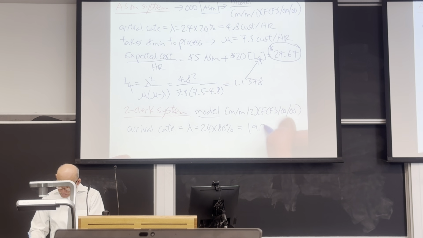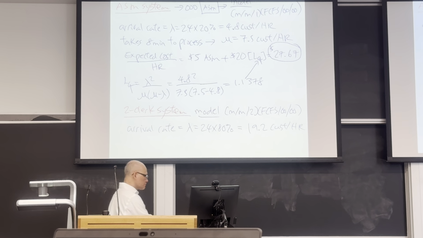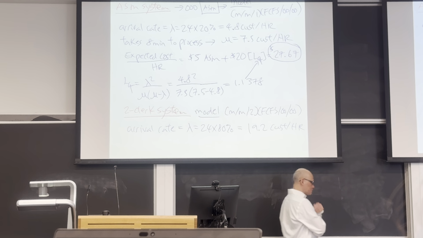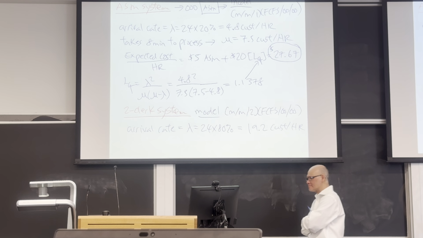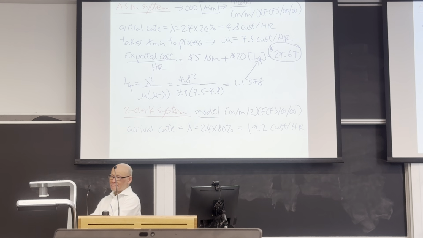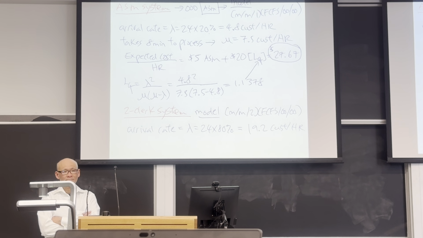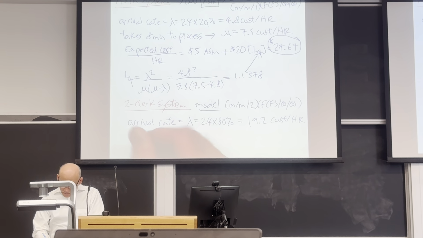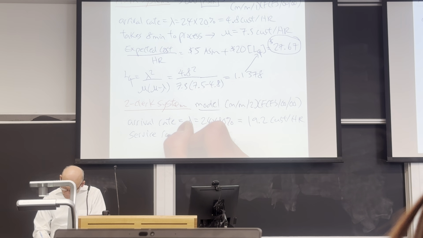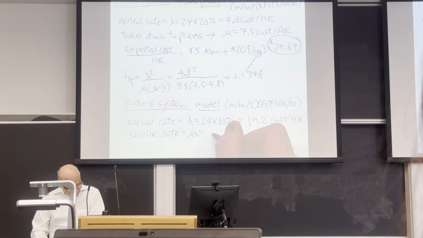So the arrival rate is going to be 19.2 customers per hour. And then the service rate, we know from part A, is 15 customers per hour.